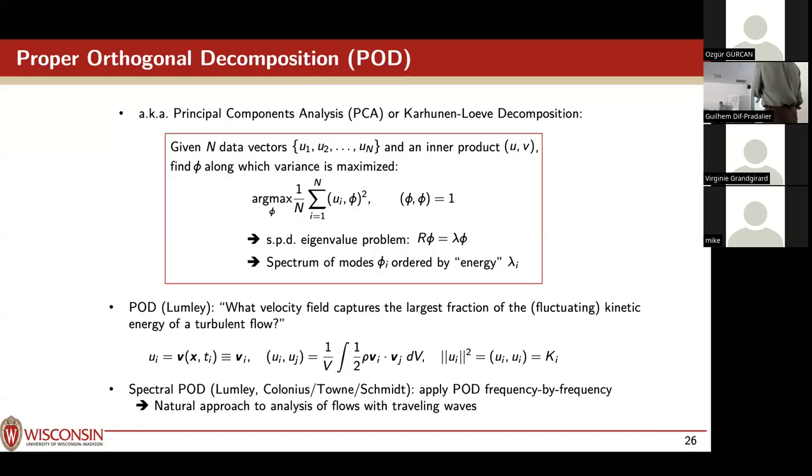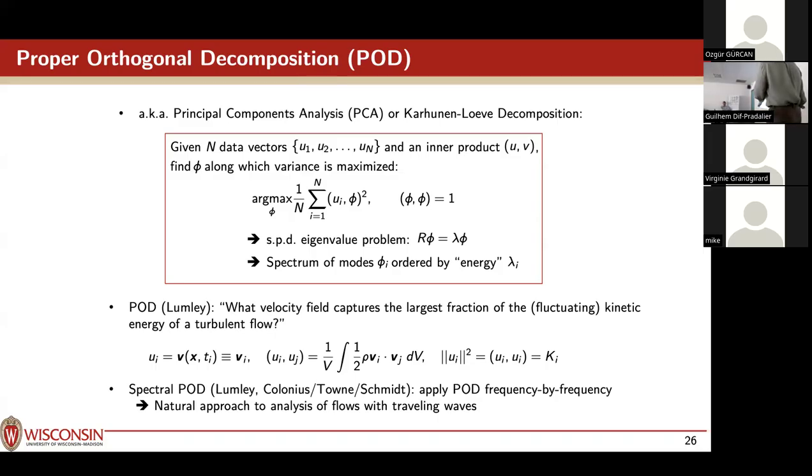And so you're asking the question, if we have a data set, a bunch of data vectors, we want to find the quantity phi where this is maximized. So the square of the inner product is maximized. So the variance, that's the direction where the projection of the data onto this mode is the largest. Okay.